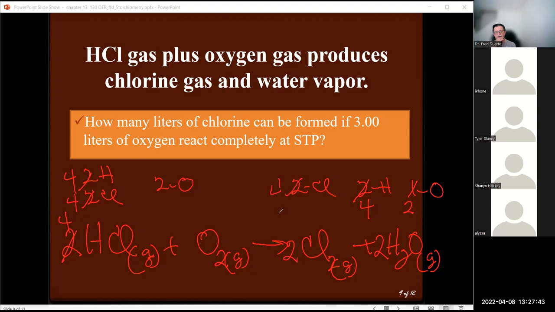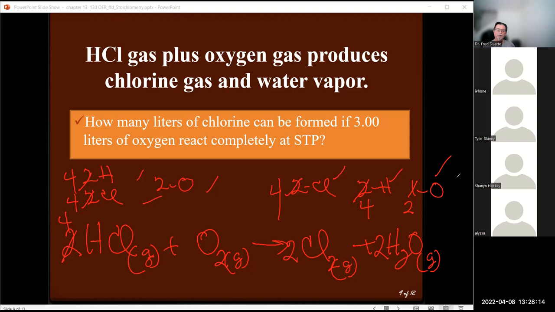Doesn't that help straighten things up? Yeah. So I've got 4 hydrogens, 4 chlorides, 2 oxygens. 4 chlorides, okay. 4 hydrogens, okay. 2 oxygens, okay. We're balanced. Everybody see how I did that? All right.